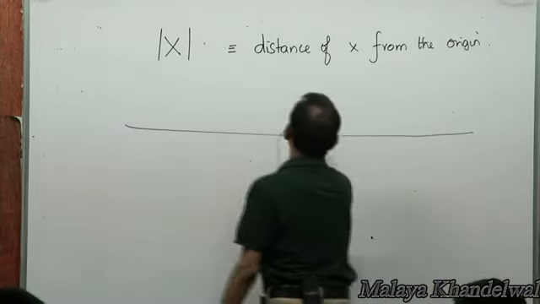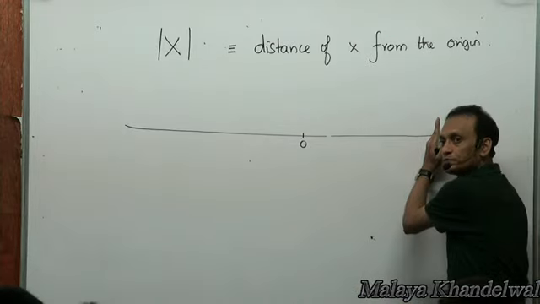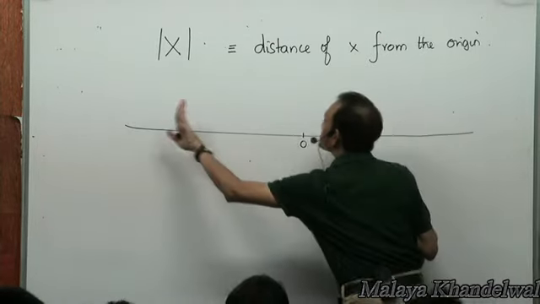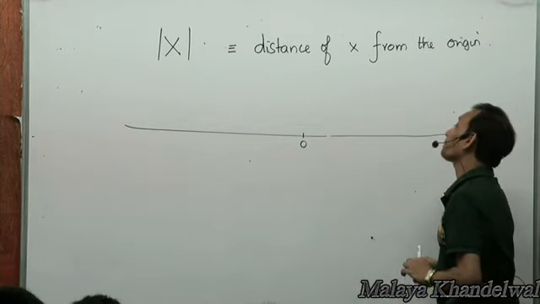So we have the real number line with the origin being here. Numbers on this side of the origin would be positive numbers. Numbers on this side of the origin would be negative numbers, right?